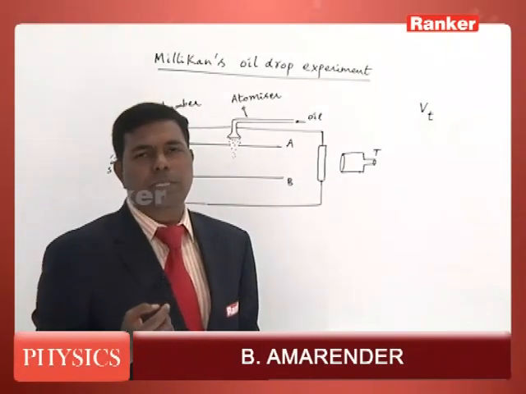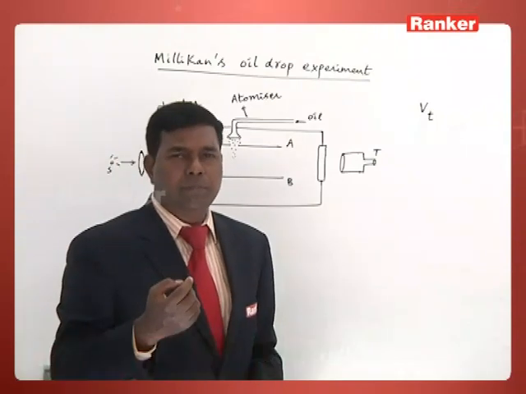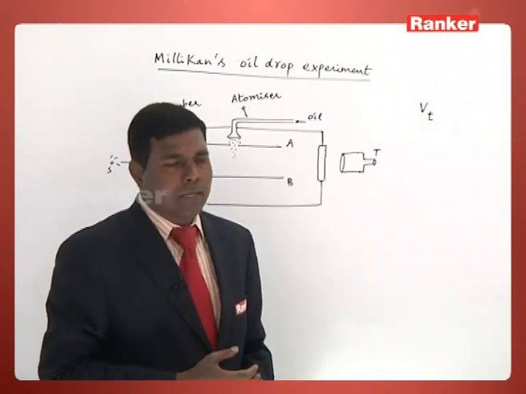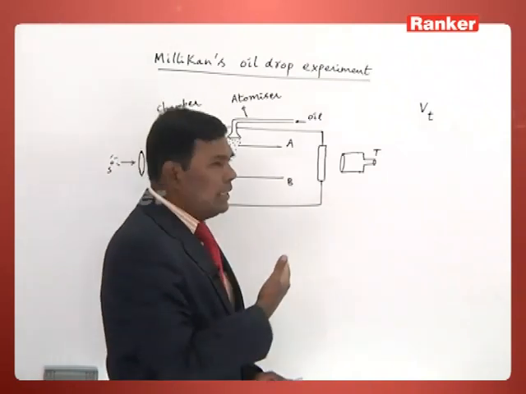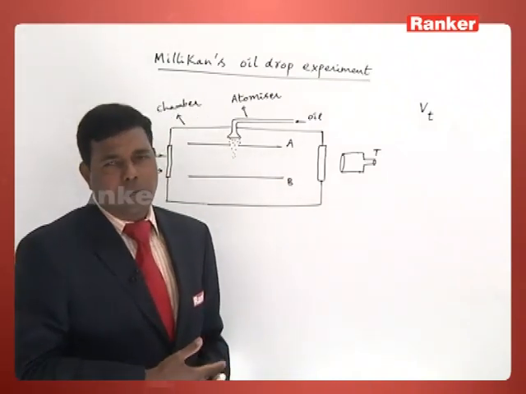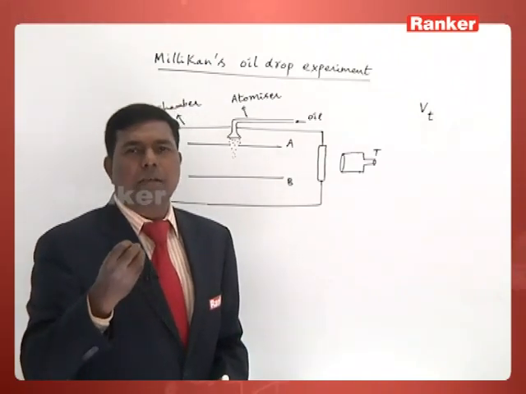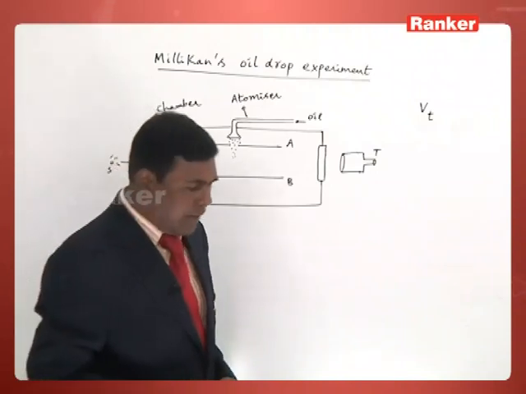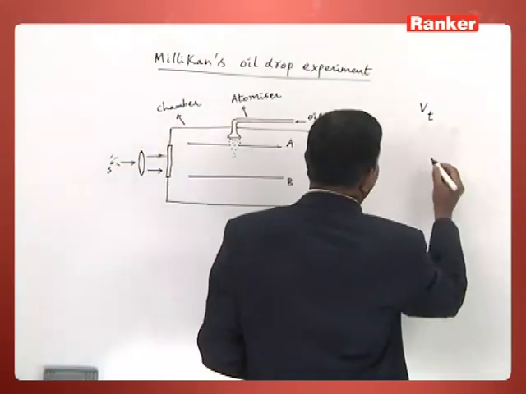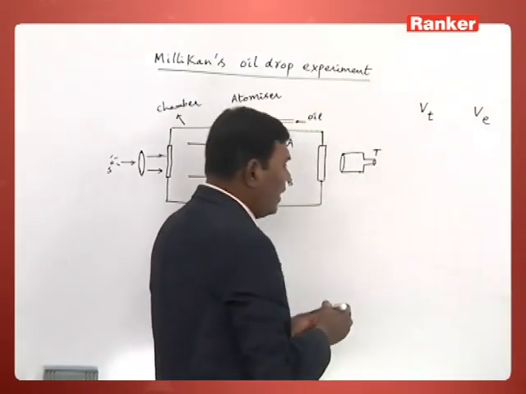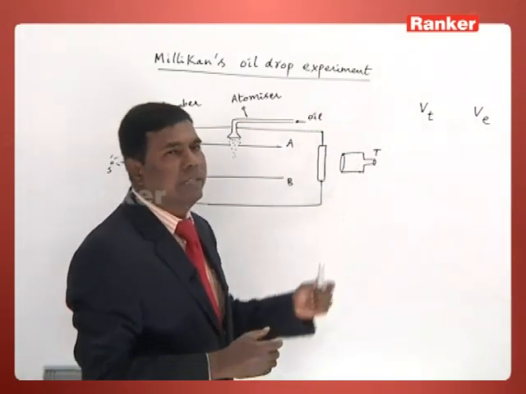The electric force is acting in the upward direction, and also the force of buoyancy will be acting in the upward direction. The gravity is acting downwards. Due to these forces, the oil drop acquires a net constant velocity. That constant velocity can be represented with VE, that is, the velocity of the oil drop when an electric field is applied between the plates.